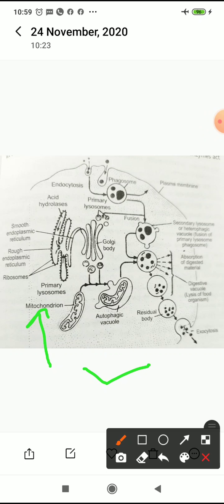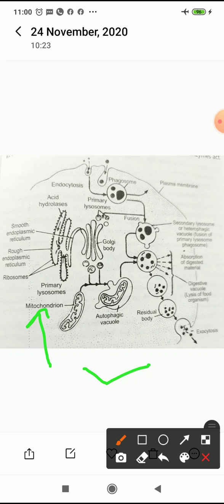Some phosphatases like oligonucleotidase, phosphodiesterase. Some proteinases like cathepsin, collagenase, peptidases.